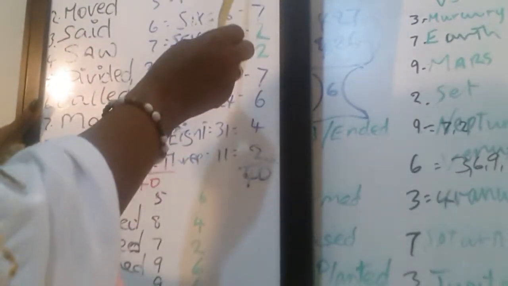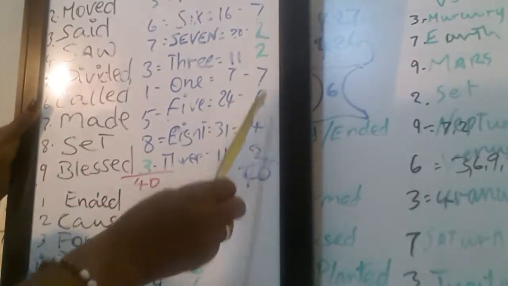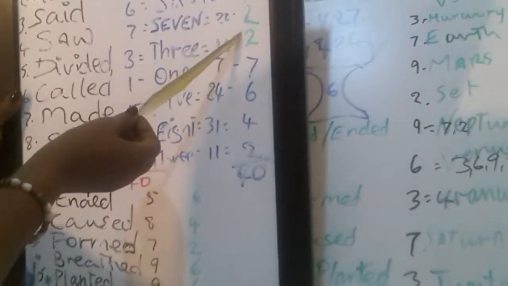So we have 4, 6, 7, 2. Then we have 2, 7, 6, 4. Now this is more a direct mirror aspect, because we have 2 2s here. I hope you can see this.